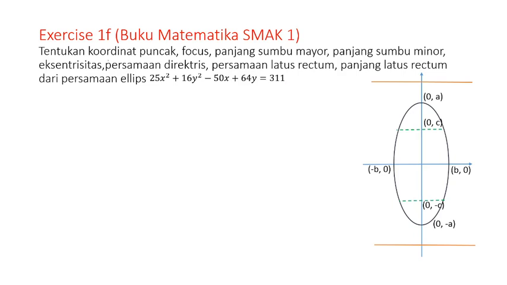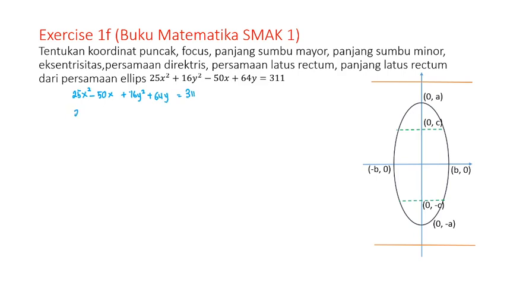So we will make it a complete square first by arranging the 25x squared and the 50x, and then the 16y squared and the 64y together.